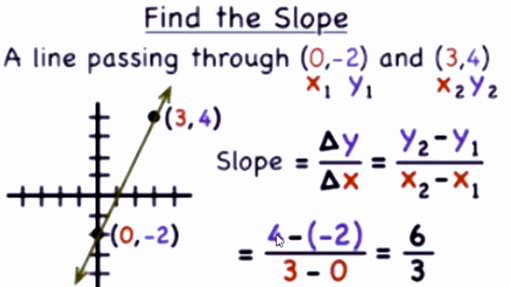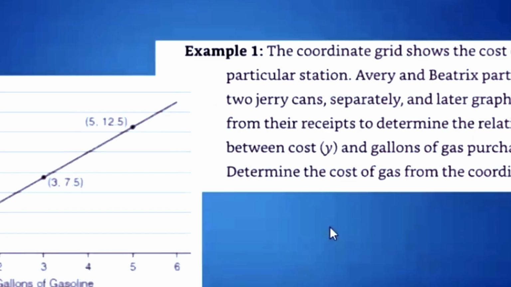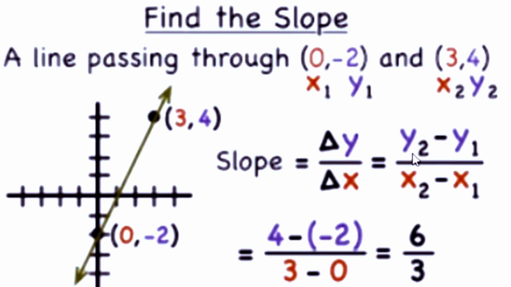And so we already know that to find the change, and that's what this triangle represents. It's the Greek letter delta, and that just means a change. So the change in our y values is represented by 4 minus -2.